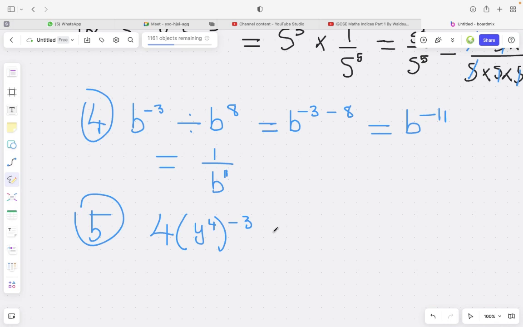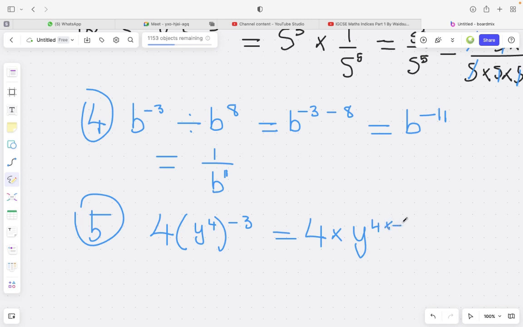So all you need to do is simply write the 4 the way it is. Then you write y to the power of 4 multiplied by negative 3, because this power will multiply. Third law.